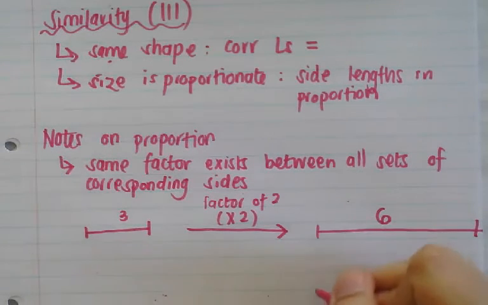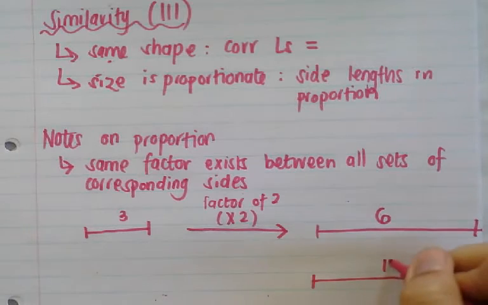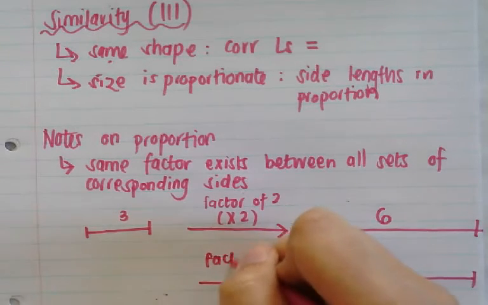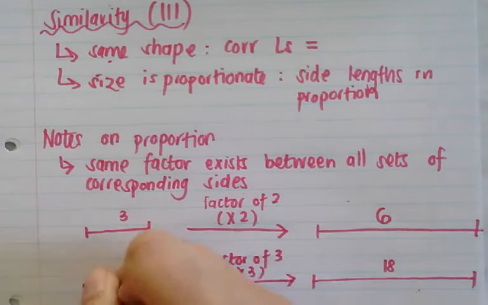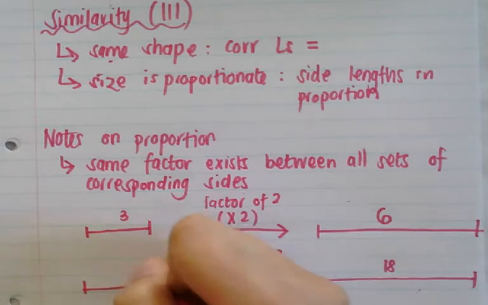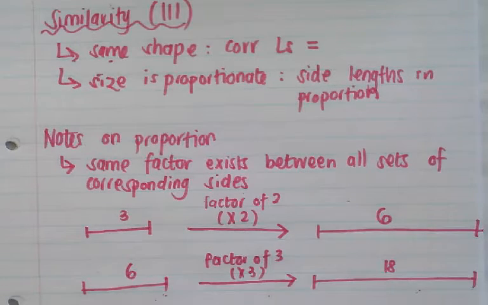I could also go backwards and I could tell you that my new line is 18. The factor that got me there was 3. So what times 3 would give me 18? 6. Or I could alternatively go 18 divided by 3 gives me 6.